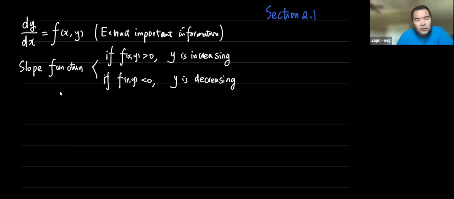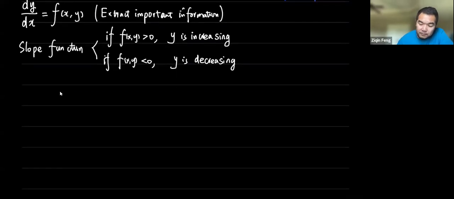Also, using the slope function, you can sketch the change of the function at any point. For any x, y, you can solve for dy over dx, and you get a slope at each point. So imagine you want to understand what the solution looks like over a rectangle.